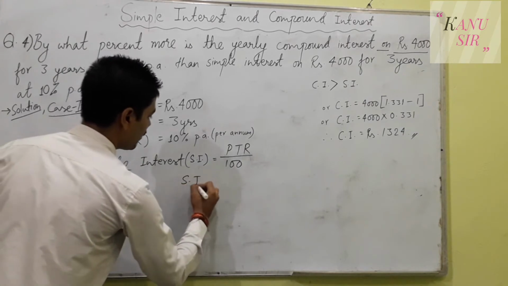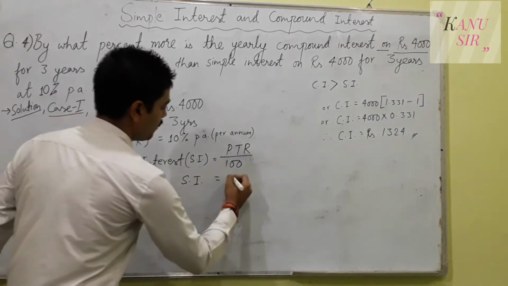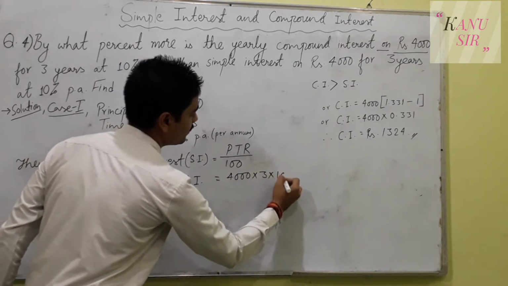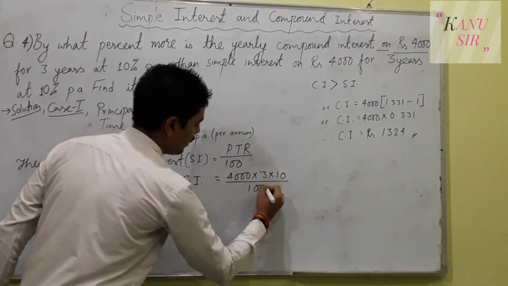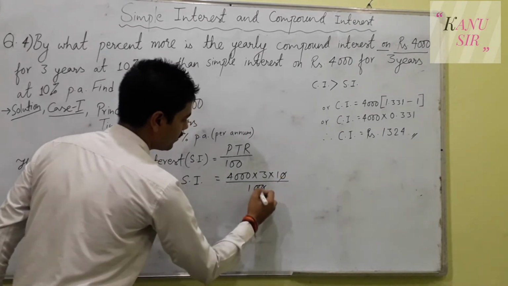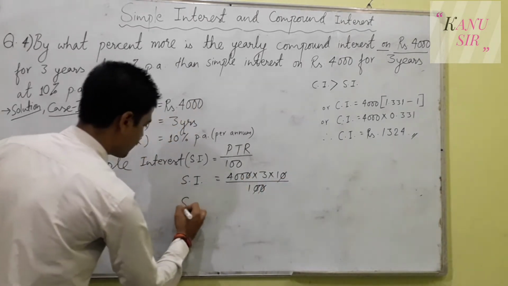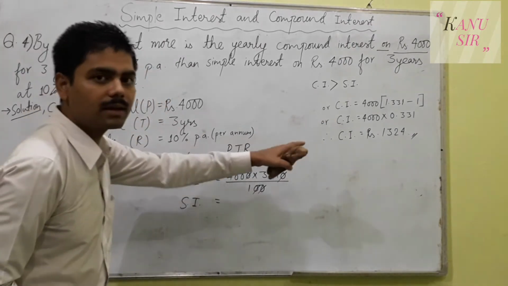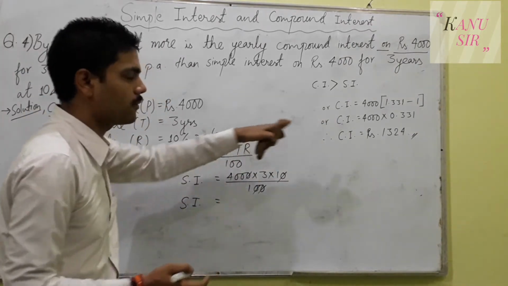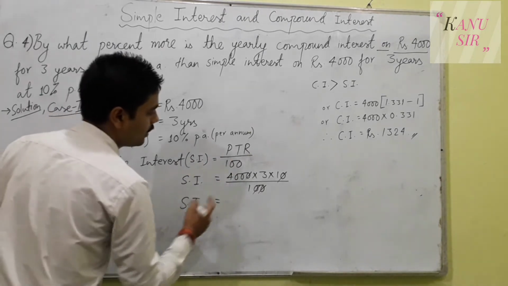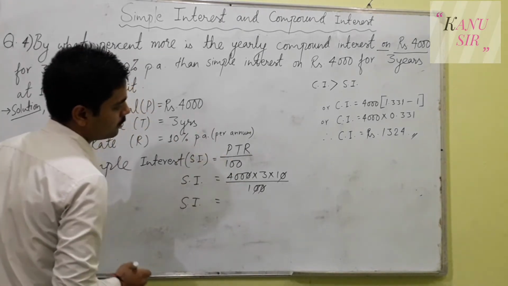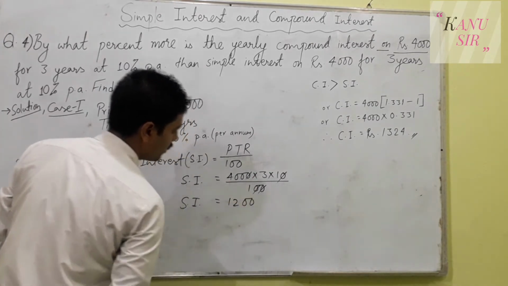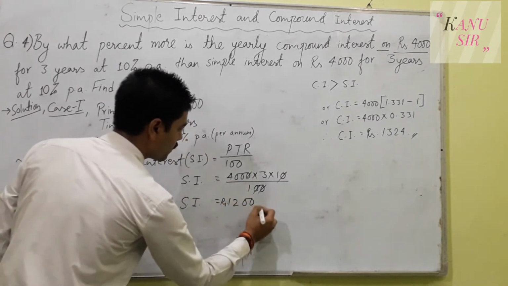So simple interest is equal to P is 4,000, time is 3 years, rate is 10 divided by 100. The 10 will be cancelled here. I will try my best not to use a calculator, but in difficult cases which may take a long time and make the video long, I have used the calculator. 4 times 3 is 12, so 1,200 rupees.